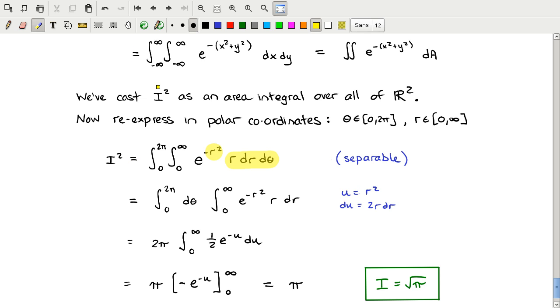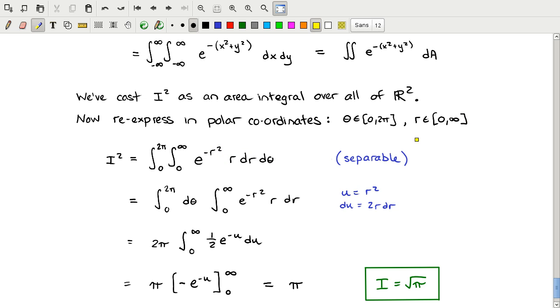So instead of x and y going from minus infinity to infinity, both of them, the whole domain of all the real numbers should be expressed with theta going from 0 to 2 pi, so all the way around the circle, and r going from 0 all the way out to infinity. R does not go to negative infinity. It starts at 0 and goes outward to infinity, and this is the whole plane.